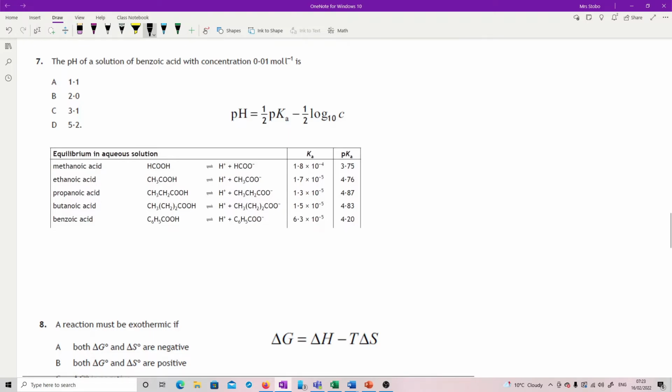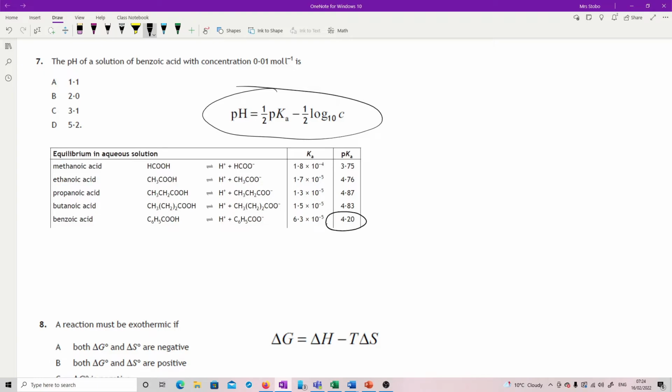Okay, the pH of a solution of benzoic acid with concentration 0.01 mole per litre is, okay, we've been given options, and you can see what I've pulled here. So I need to work out the pH. I'm going to use this equation from your data book: pH is a half pKa minus a half log C, because that's the information that you have. To get your pKa, I've gone to the dissociations page, and I've just clipped the top of it so that I could get this number in here with the heading.